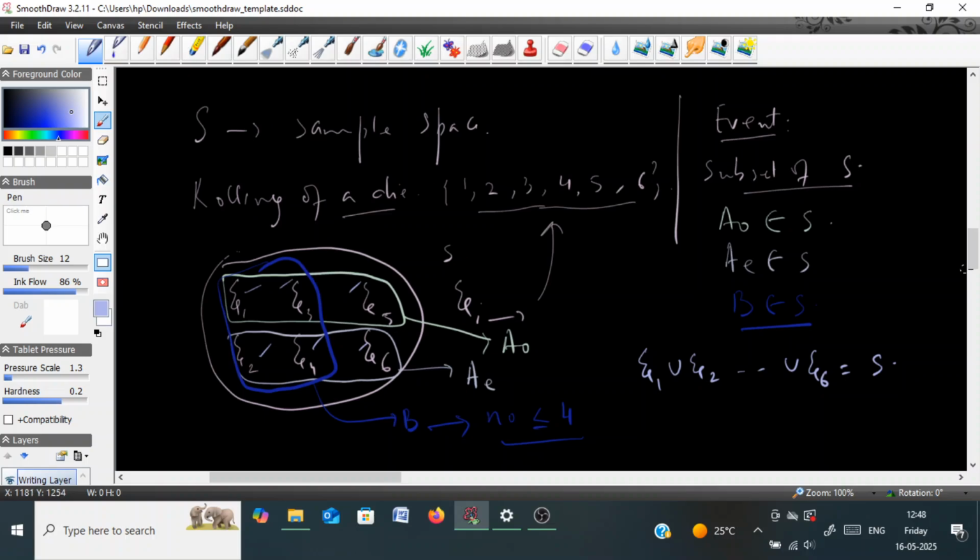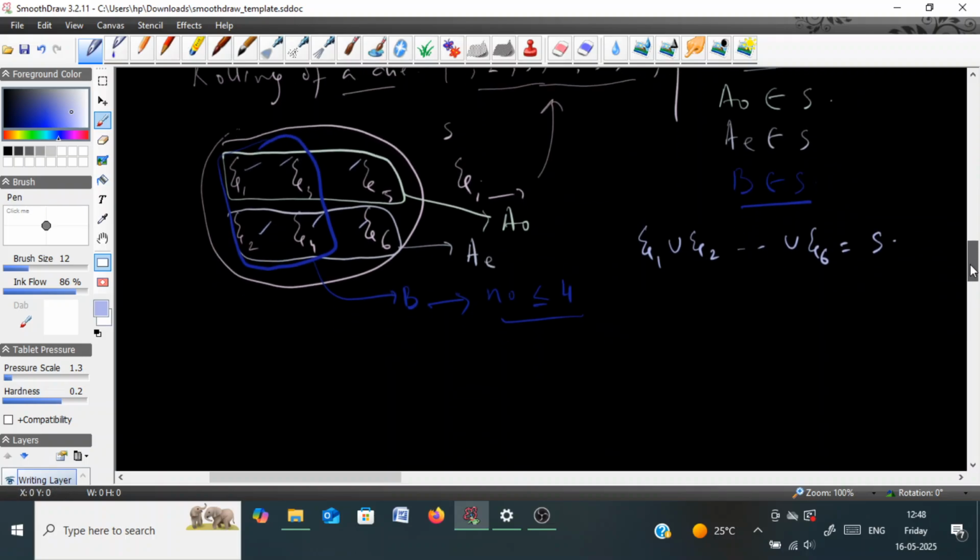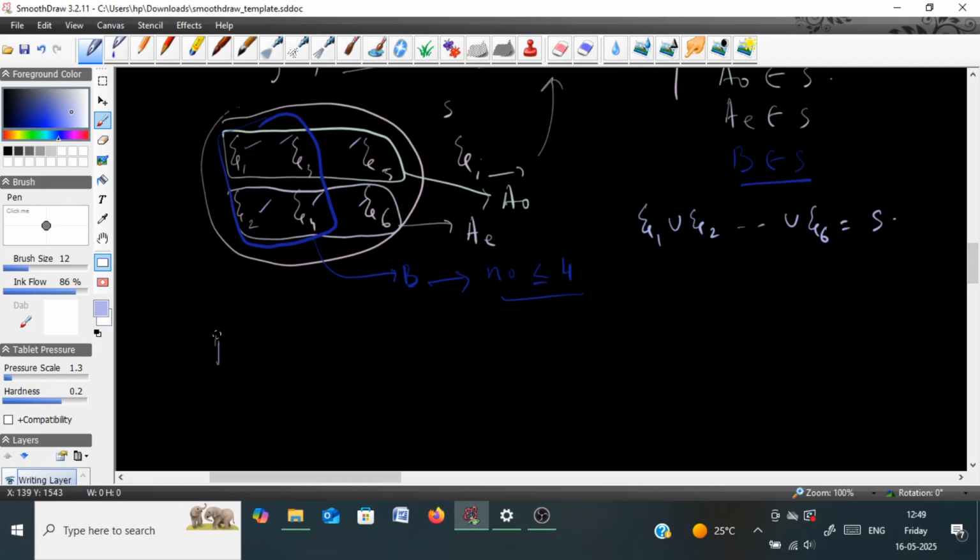Now when you define the probability of this event A, the probability of any event A is basically NA divided by N, limit N approaches infinity.